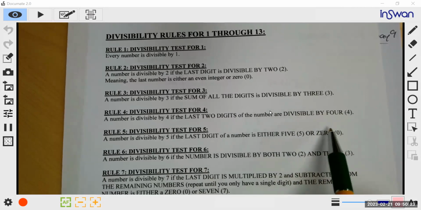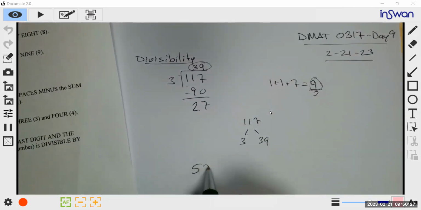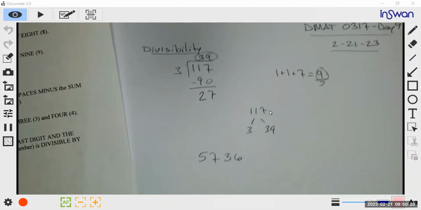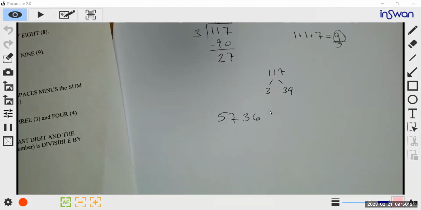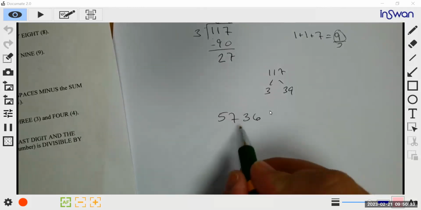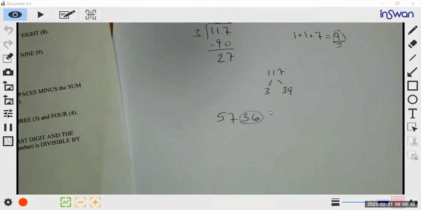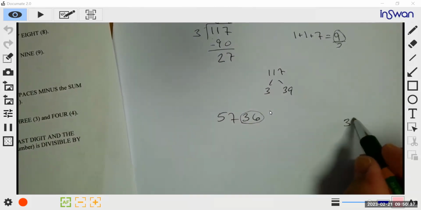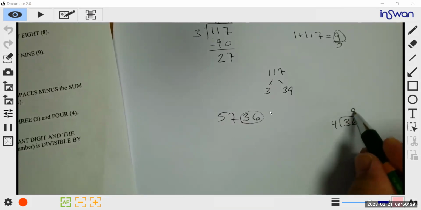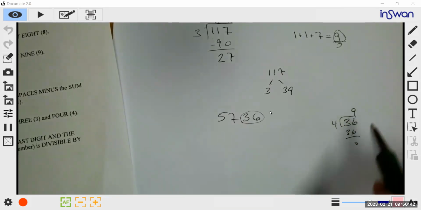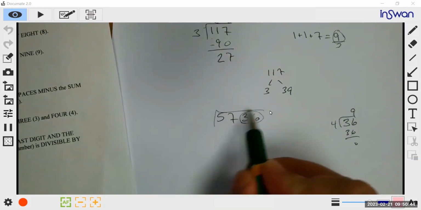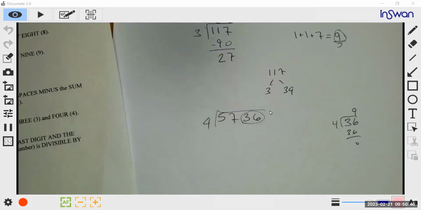Or if you look at the last 2 digits, for example, is that number divisible by 4? So you look at the last 2 digits. Is 36 divisible by 4? Yeah. 9 times. So that means this whole number is divisible by 4.